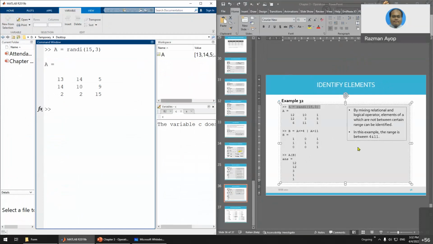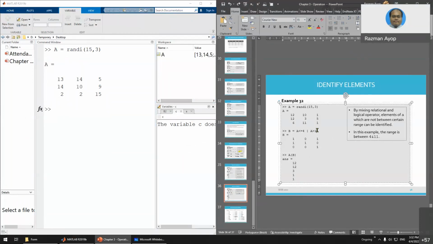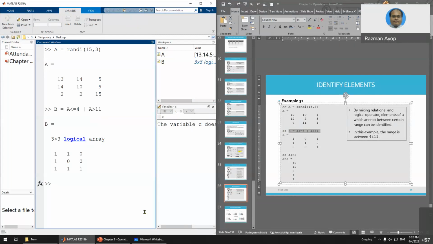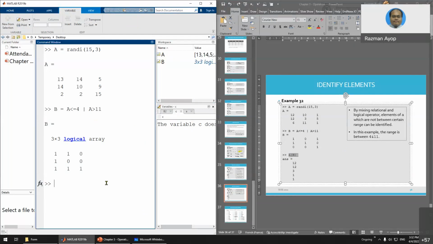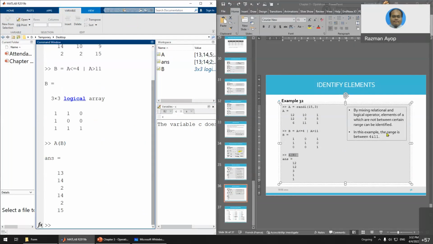You have A here, and then you have B here, and AB. So you can see here, this is actually wrong. If you want the value outside, you have to use n.